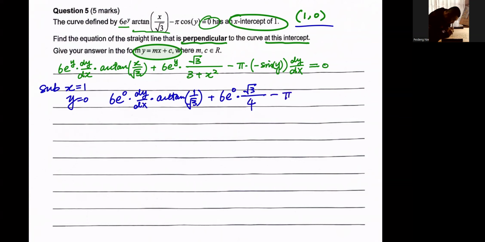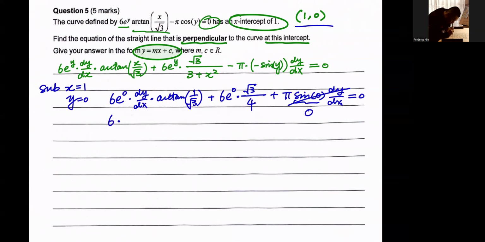And minus pi times sine of 0, actually plus, times dy/dx equals 0. Sine 0 is 0, so we can cancel out this term.